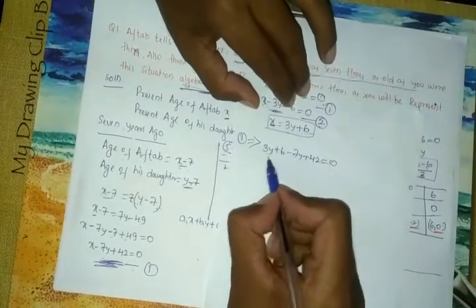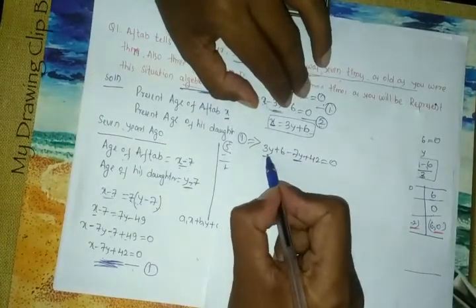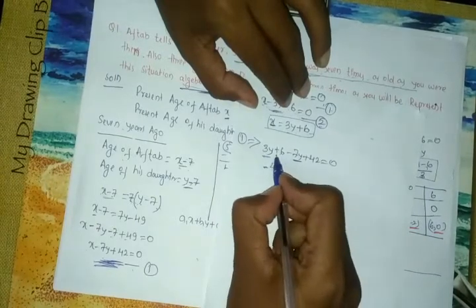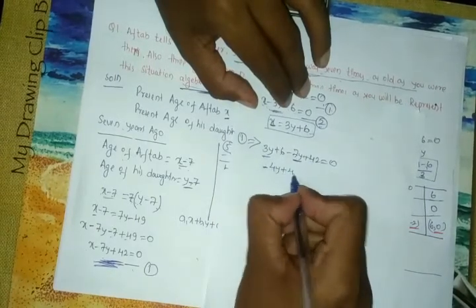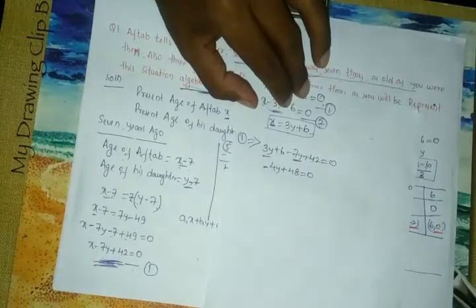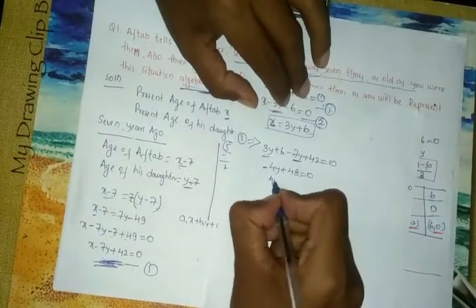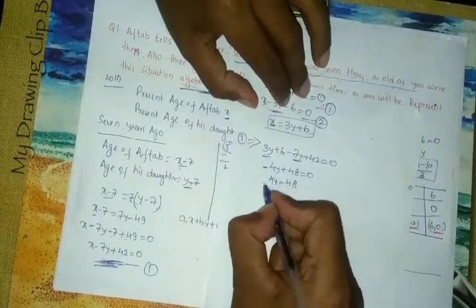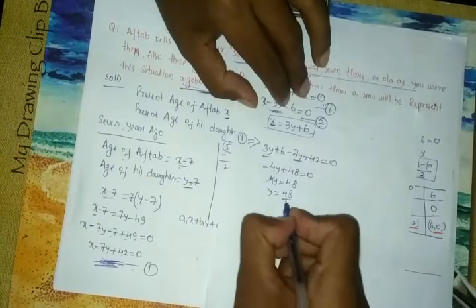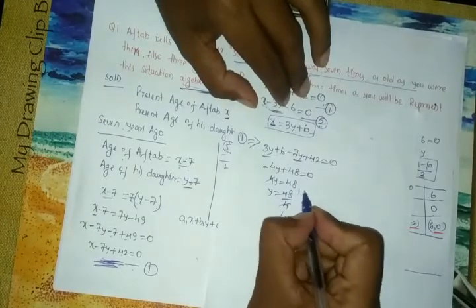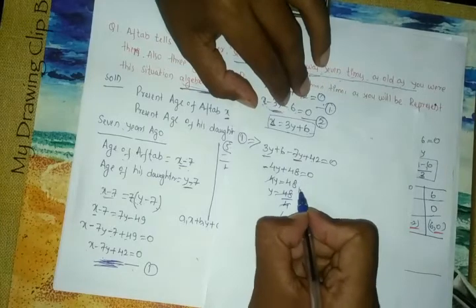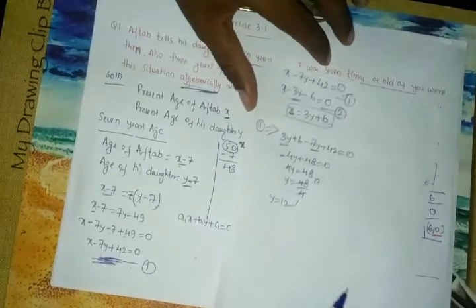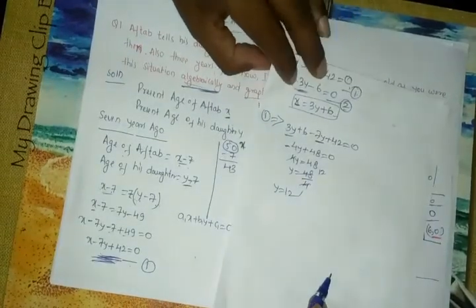So you add y terms, it is 3 minus 7 is minus 4y, and 6 plus 42 is plus 48 equals to 0, or 4y equals to 48, or y equals to 48 by 4. 4 12s are 48. So y is 12.